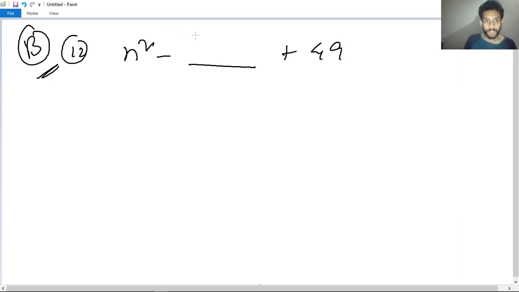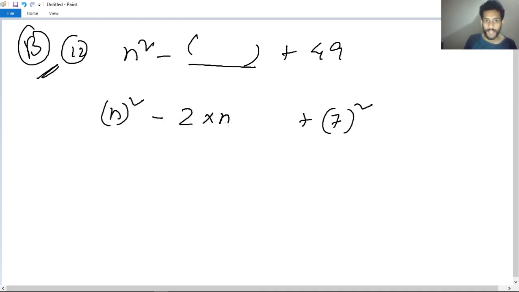So here we have to put the value here to make it a perfect square trinomial. First of all, we will break down the side parts. This is n square and this is 7 square. So obviously 2 into n into 7 must be here.